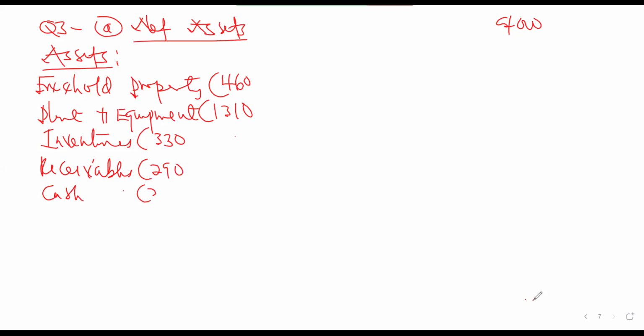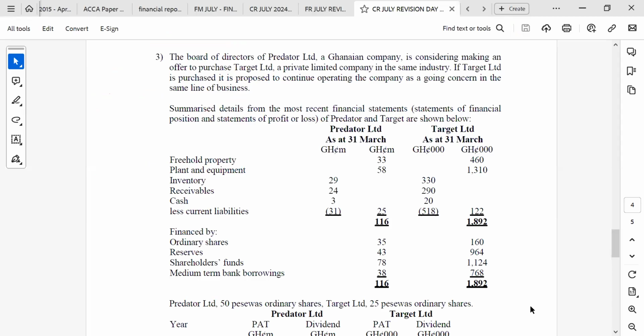Okay, let's go now to the footnote. There will be some fair value adjustment. This one we are selling, so the assets should always be valued at their fair value or their current market value. So we are going to be having the liabilities. Let's have the liabilities there before we go. So we have liabilities.